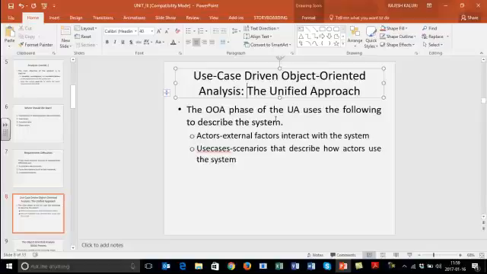These are all different kinds of actors involved in software development systems. Similarly, there are use cases, meaning whatever the actor is going to perform, each and every process can be represented as a use case.